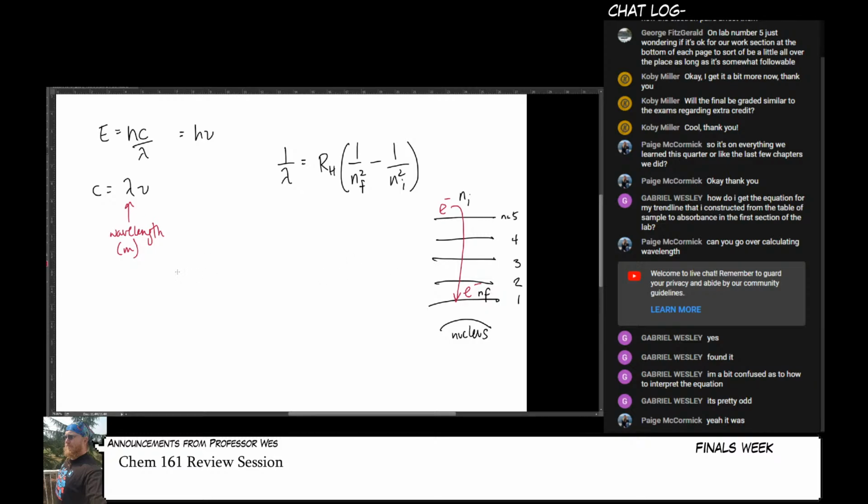So I would say inverse wavelength is equal to the Rydberg constant times whatever n final. I'm just rewriting the equation. So R_H is... Oh, I never get this number right. Let me go look it up.